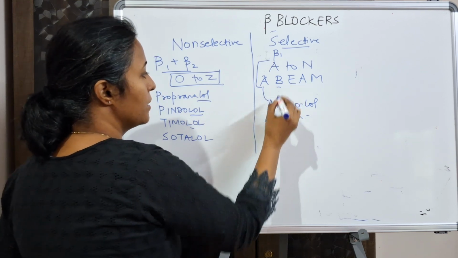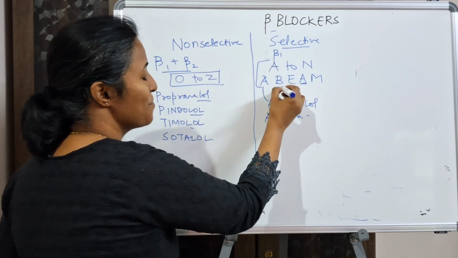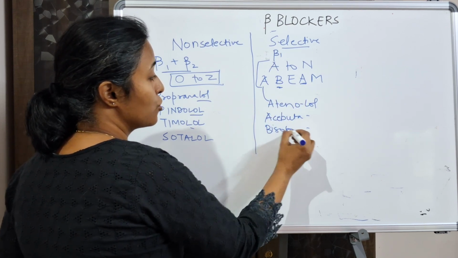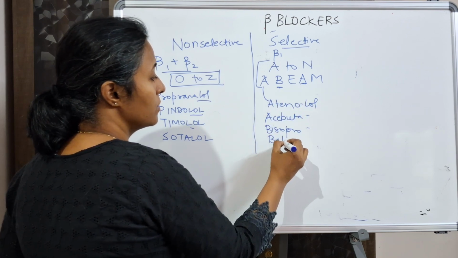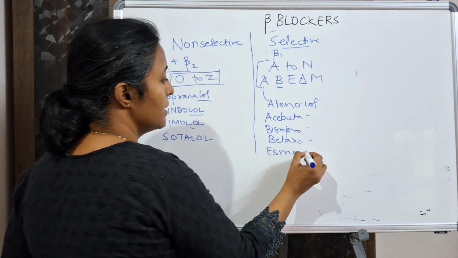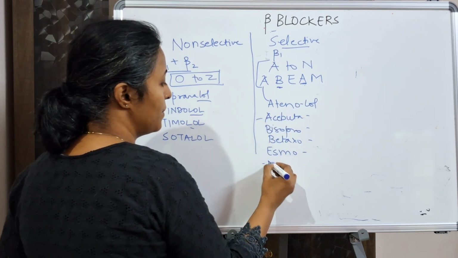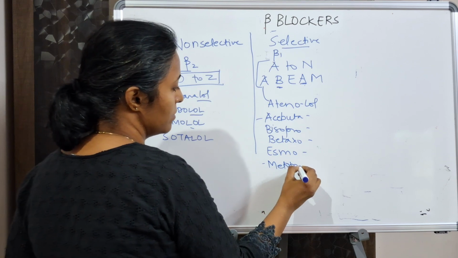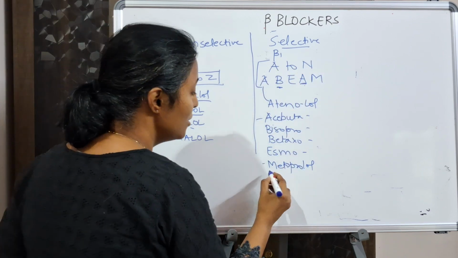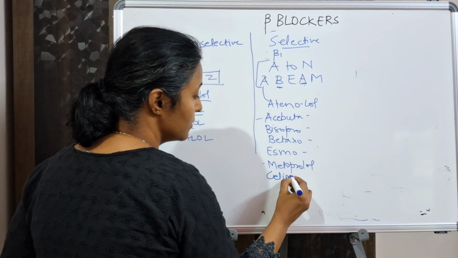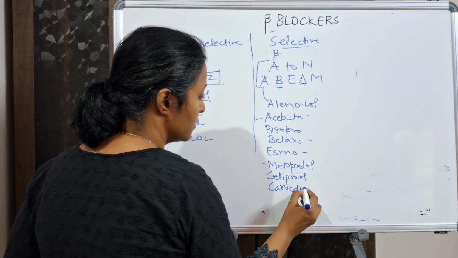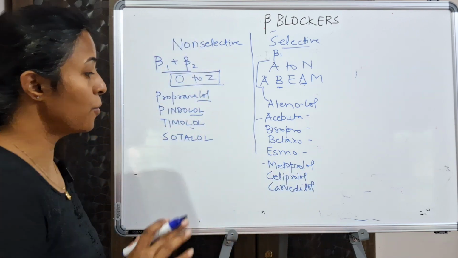Okay, B, we have acebutolol, this A. B is bisoprolol, another B is betaxolol. Okay, then E is esmolol, then A I have written acebutolol, and M is metoprolol. Okay, so all these are cardio selective. Others are also there because I told you A to N. So there are celiprolol, okay, and carvedilol. So these are all beta 1 selective.